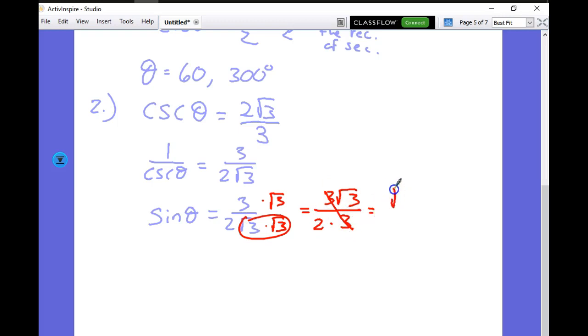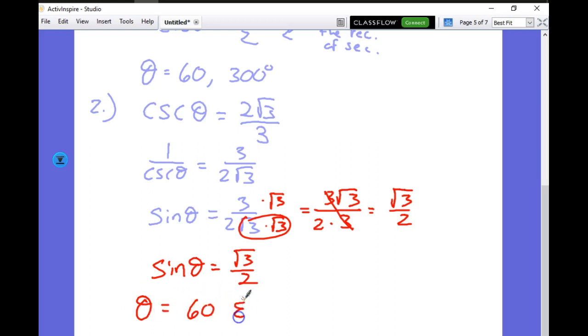Which means I have this. And that is on my unit circle, isn't it? Sine of theta is equal to radical 3 over 2. Sine theta equals radical 3 over 2 at 60 and 120.